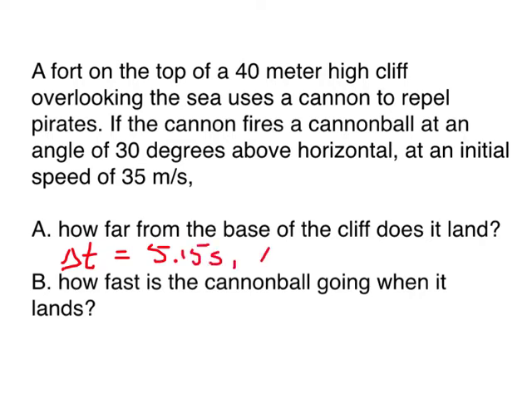And we also found this delta x, horizontal distance from the bottom of the cliff, was 530 meters. So now we are going to tackle part B, how fast is it going when it lands? Another word for this is impact velocity.